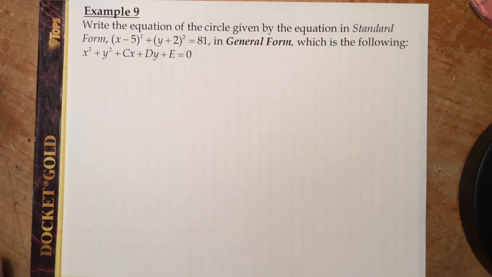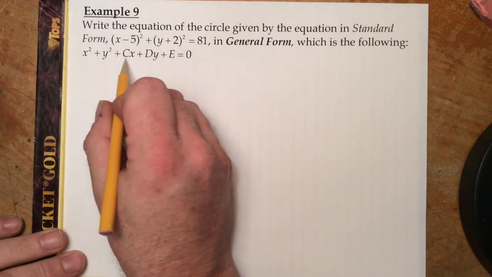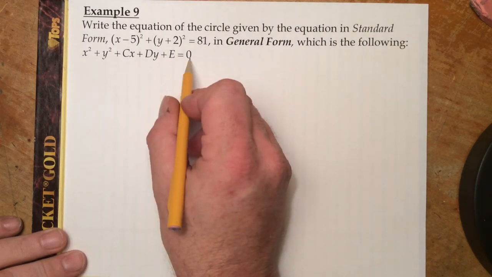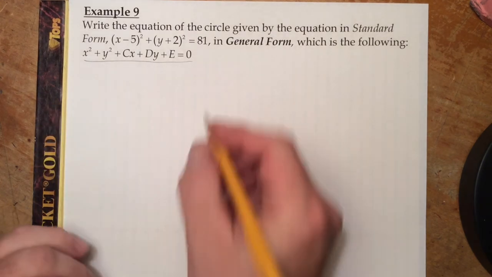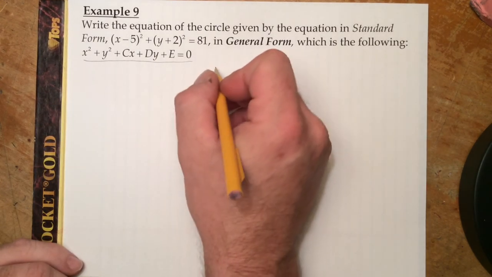Example 9. Write the equation of the circle given by the equation in standard form x minus 5 quantity squared plus y plus 2 quantity squared equals 81 in general form. General form is the following: x squared plus y squared plus cx plus dy plus e equals 0. We discussed this briefly in our notes. So we take the circle in standard form.